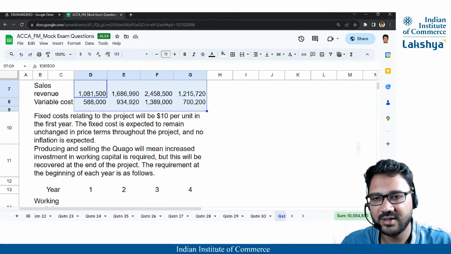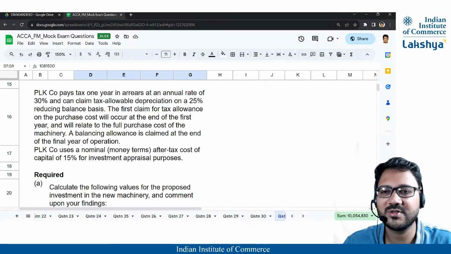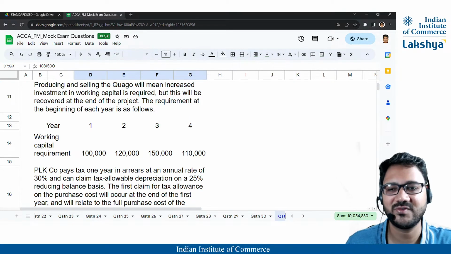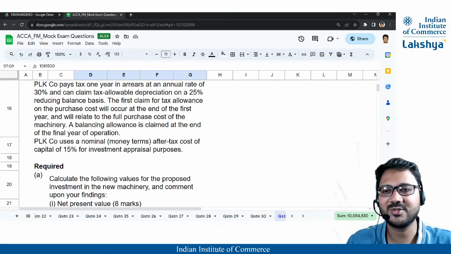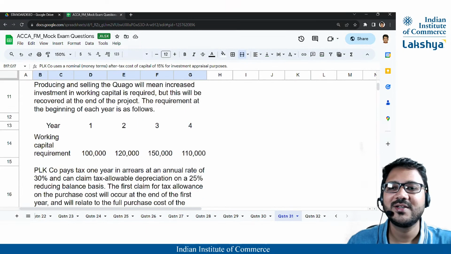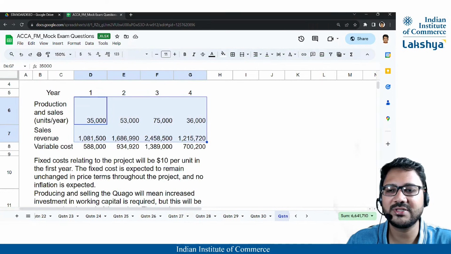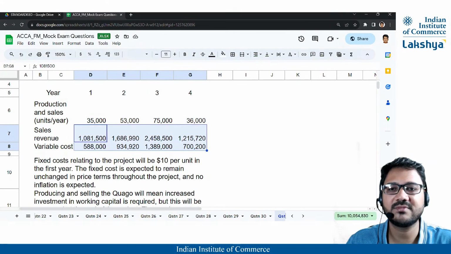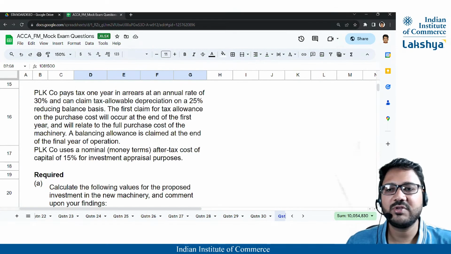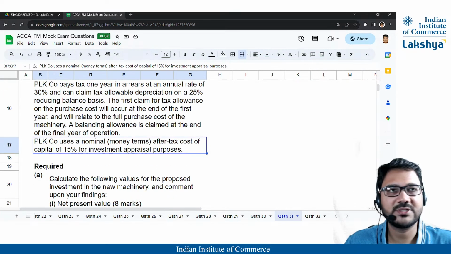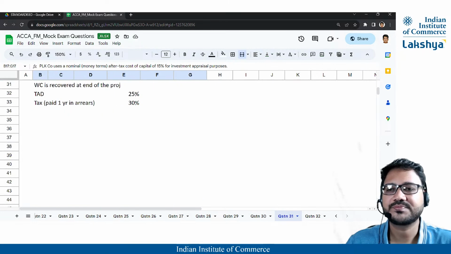Even if you are confused, even if you feel that no, I should be using real rate, there is no inflation rate given. So that's your other cue, but that's not the right cue. The right way of understanding is these figures are already in nominal terms, they are already inflated. Then we are going to take the nominal discounting rate. Okay, so now no adjustment needs to be made over here.